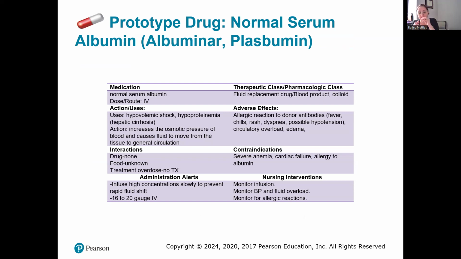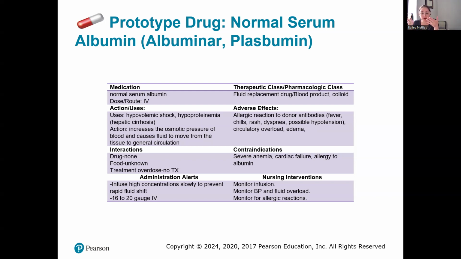It's a normal protein in your body, and so it keeps all the blood volume in the blood vessel. Okay, so we use it for hypovolemic shock, and hypoproteinemia with hepatic cirrhosis, which is why people got paracentesis. It increases the osmotic pressure of the blood and causes fluid to move from the tissues to the general circulation. So it keeps it all in, okay, which is what we want if we're in shock and we don't have any blood.